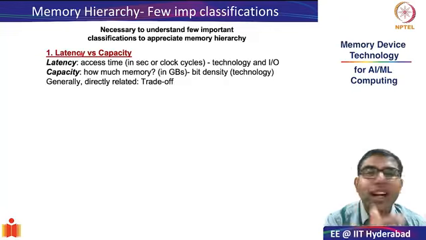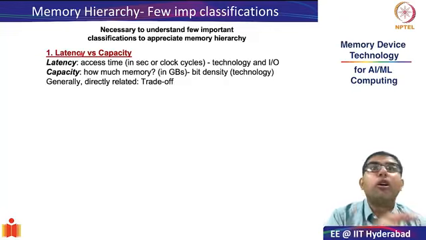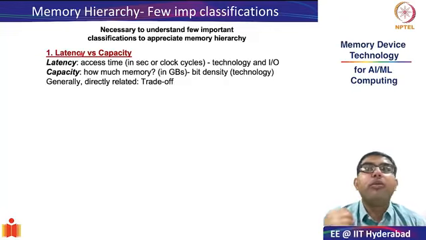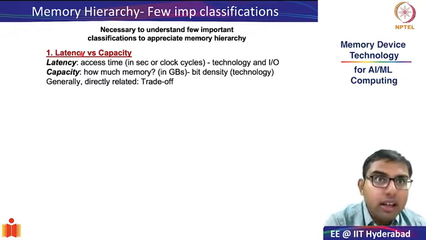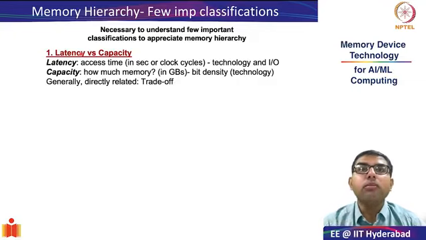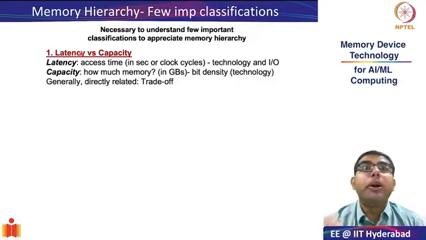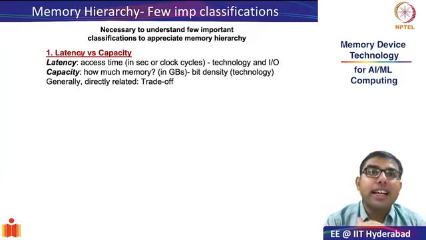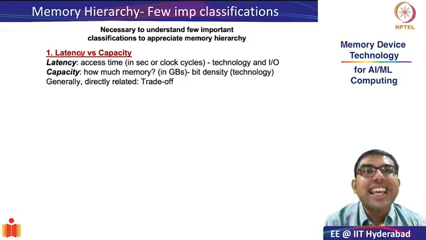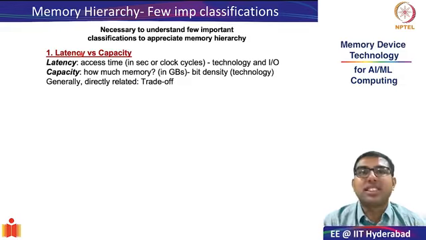I'll give you a very quick example, and of course when we go to DRAM we will go into details. The example is between single data rate and dual data rate input-output interfaces between the CPU and the main memory. In SDR, single data rate, data is transferred only on the rising edge of the clock cycle.